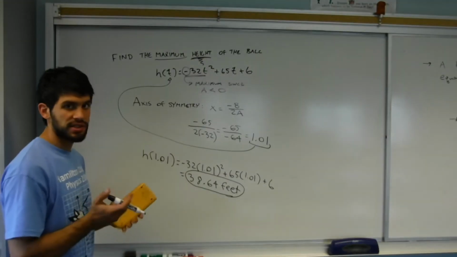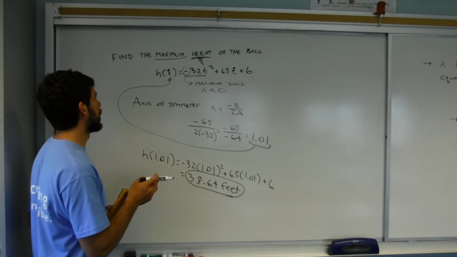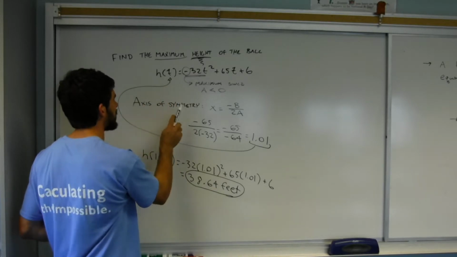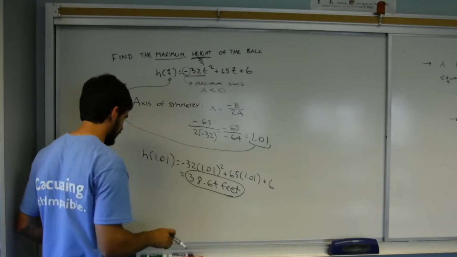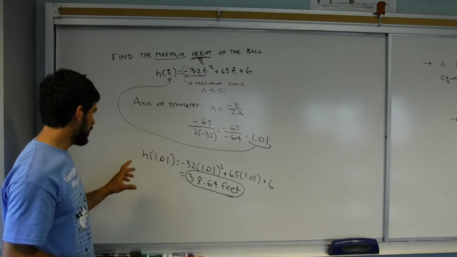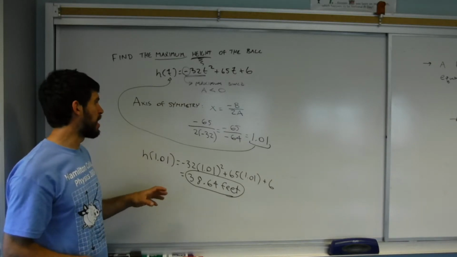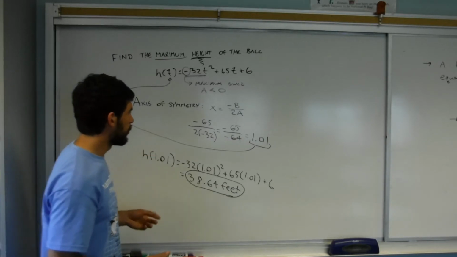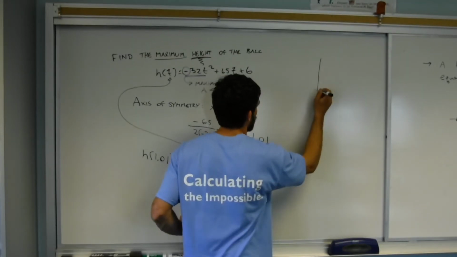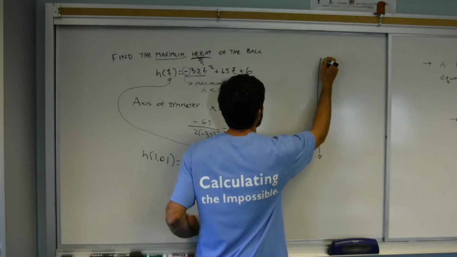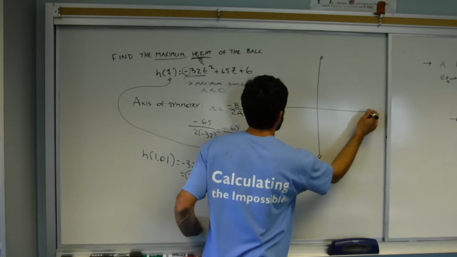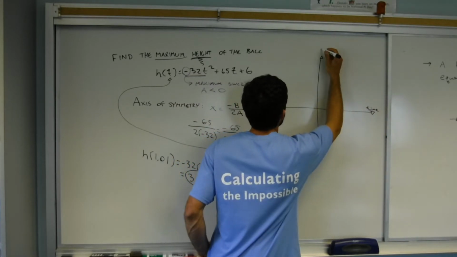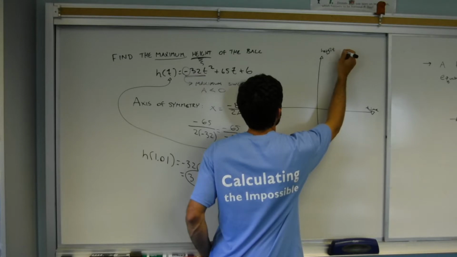So again, when we're asked this question, we just take our original function, find the axis of symmetry, and then plug it into the function. And actually, now that we have the axis of symmetry and the maximum height, which is the maximum value of the function, we can actually graph this. So say time is here and height is here.